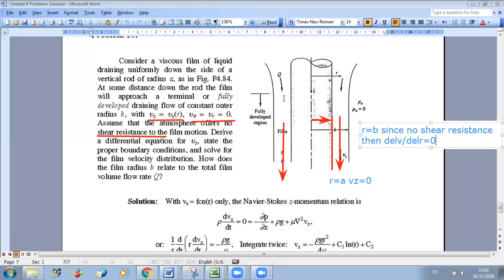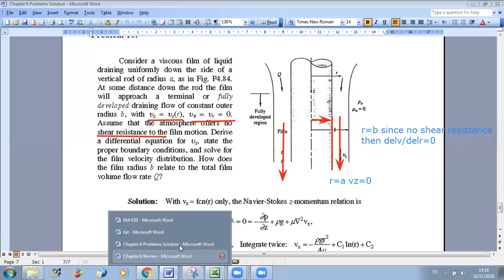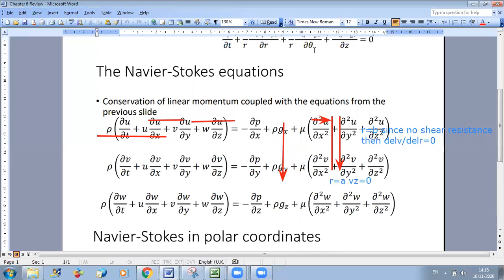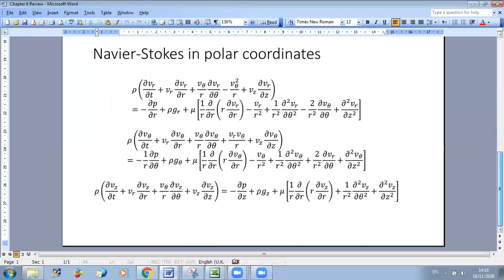Yes, because the flow is moving in Z, so we will apply the Navier-Stokes equation in Z. So let me go to our equations. Let us go to the equation along Z, and we start to simplify the terms.